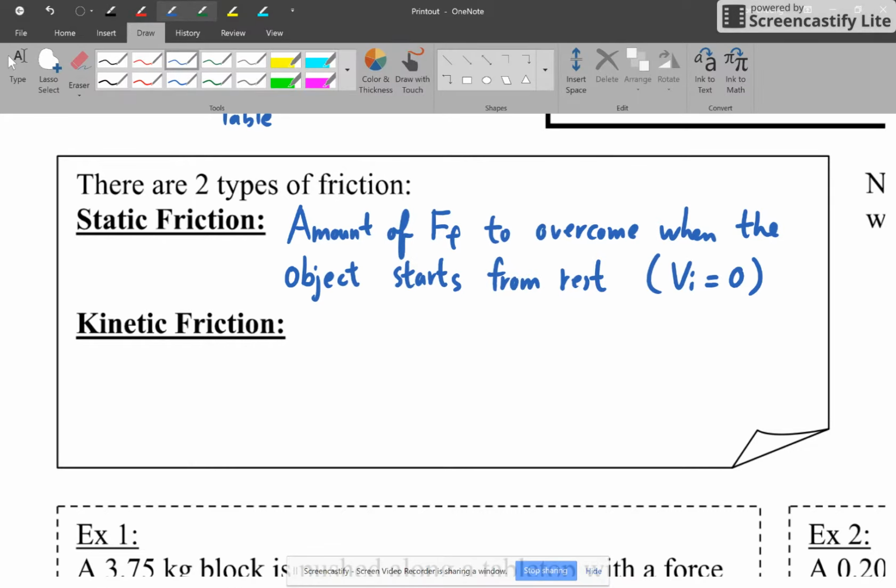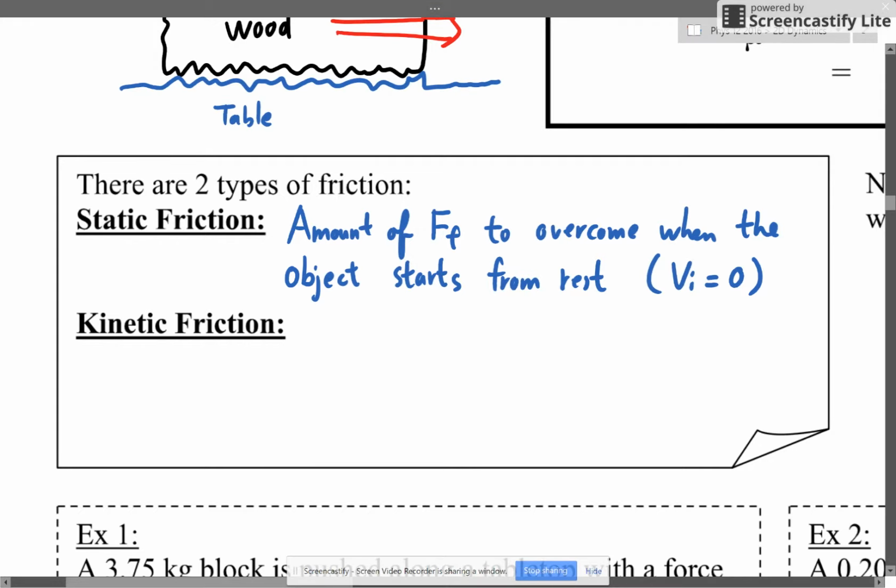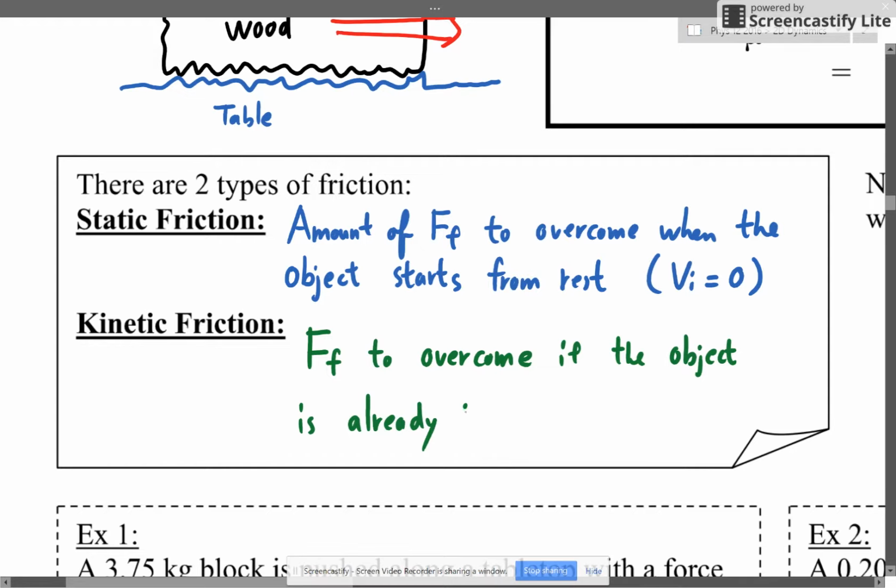Sometimes in some questions, they will give you either mu s, which is the static friction mu, or mu k, which is the kinetic friction mu. Mu k is the friction to overcome if the object is already in motion.